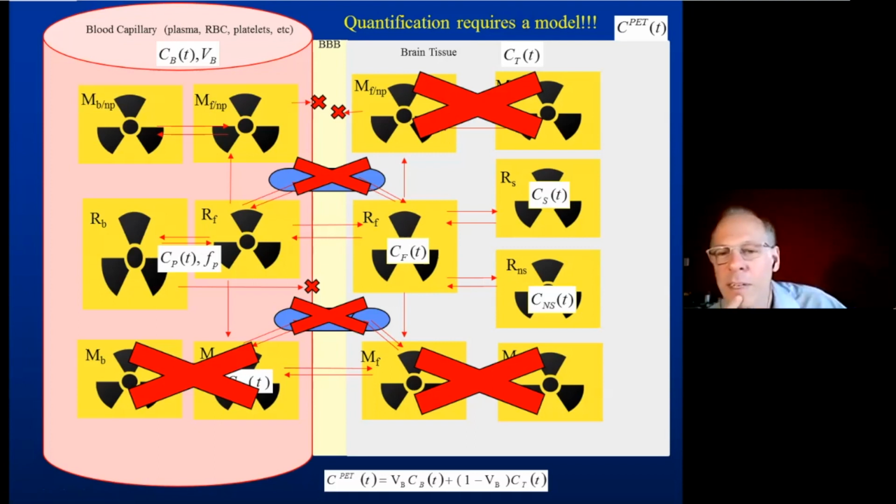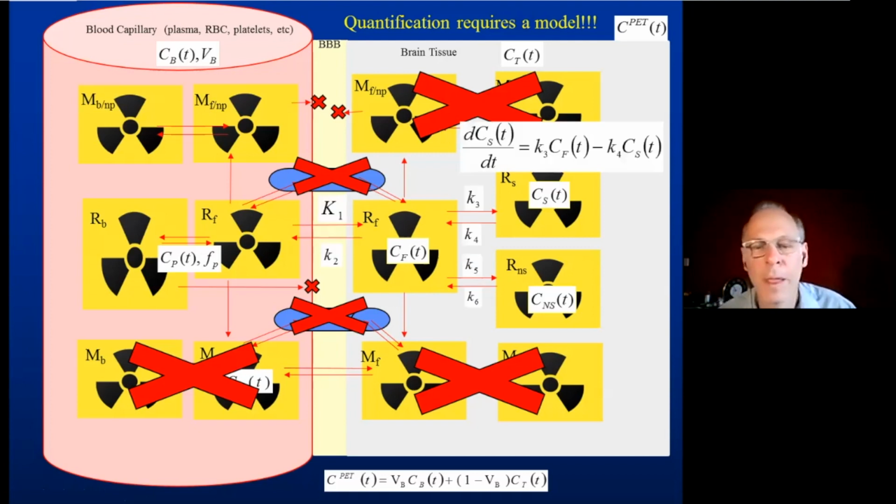Now we will say something else. We will say that the radioligand can move from one compartment to the other following first order kinetics, and the first order kinetics will be characterized by rate constants. So we can write several differential equations like that.